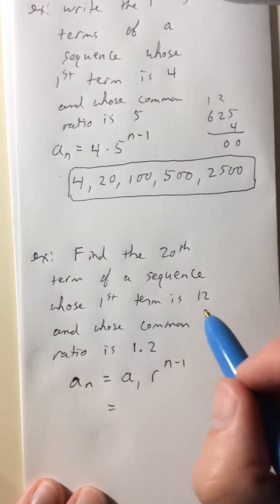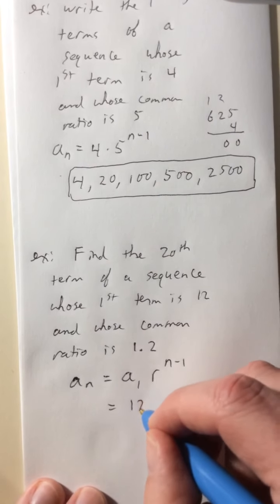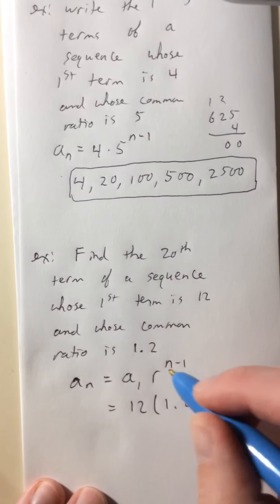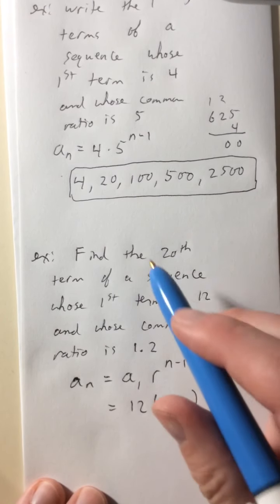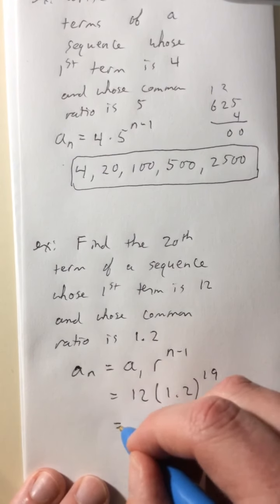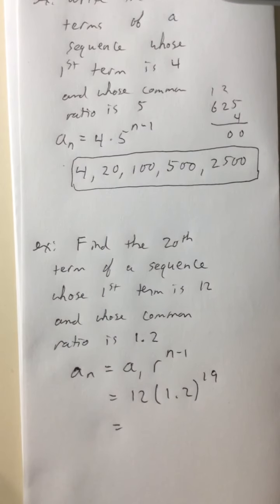First term is 12, common ratio is 1.2, and 20 minus 1 is 19. So 1.2 to the 19th power, multiplied by 12, gives 383.38.